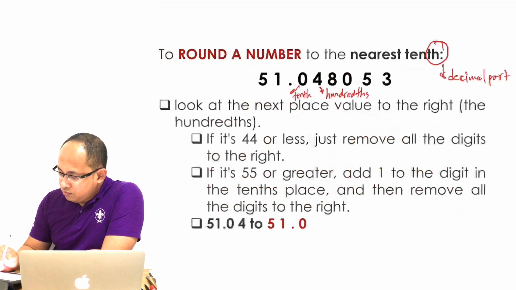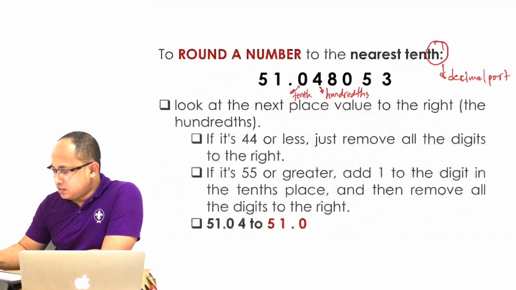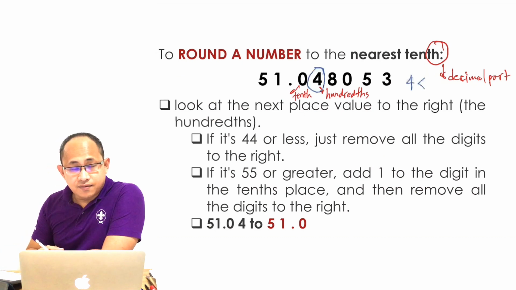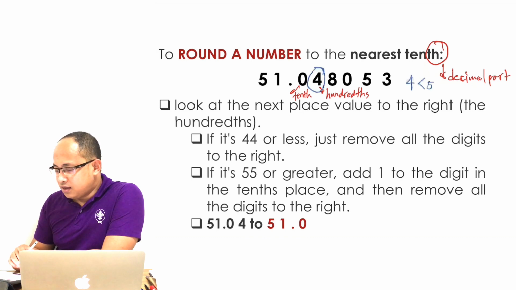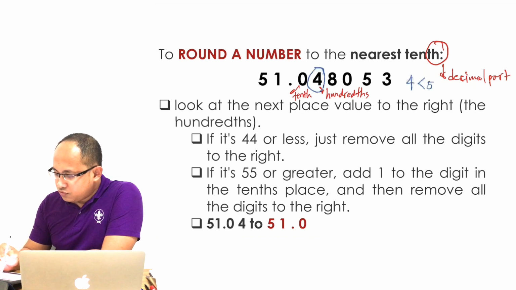Now, if you're going to look at here, 4, all right, 4 here is less than 5, correct? So therefore, since it is less than 5, and we're trying to round off this number to the tenths place, therefore, we forget all the numbers here.